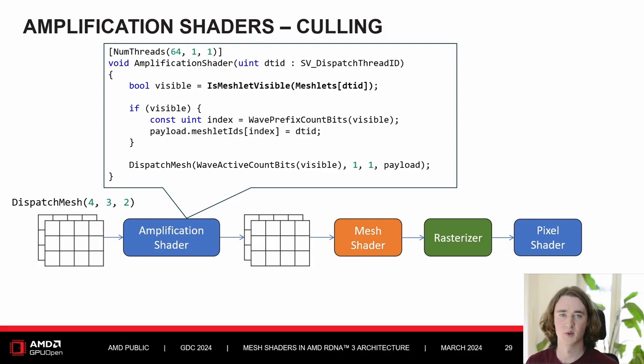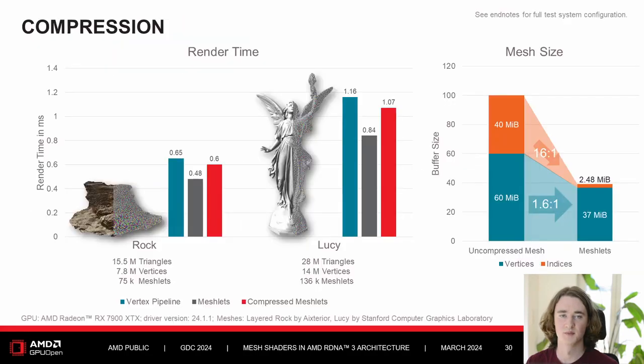And that's exactly what we're going to apply to the compression example from before. Now, in this case, we opted for cone culling, which you can think of as basically backface culling, but on a per meshlet level. Now, switching to the render times with culling, you're going to see two performance behaviors emerging.